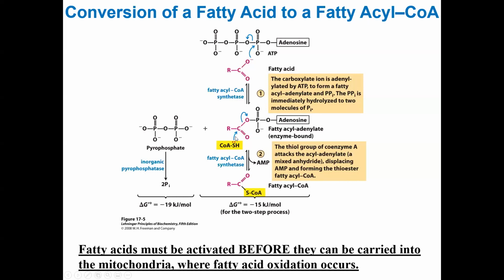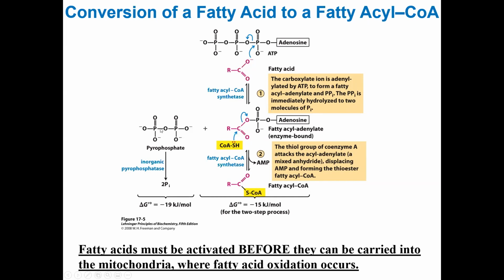Once that happens, coenzyme A sneaks into the active site and positions itself next to the carbonyl carbon shown here in the pink and displaces AMP. So you can see AMP is the leaving group here in the second step. And you have formed a fatty acyl coenzyme A and a pyrophosphate.